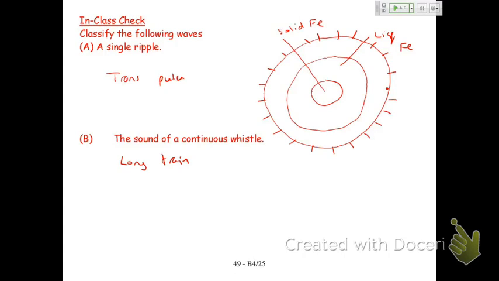I want you to imagine a whole bunch of people in line, my hands on your shoulders, my arms stiff, facing that way, and I come and push the person at the back. That's a model of a longitudinal system, yeah? Everybody's got their arms straight, and I push you, you push the next guy.